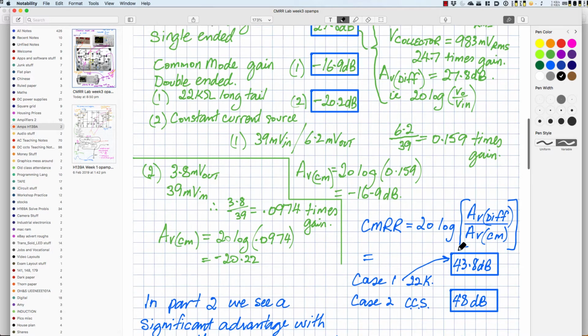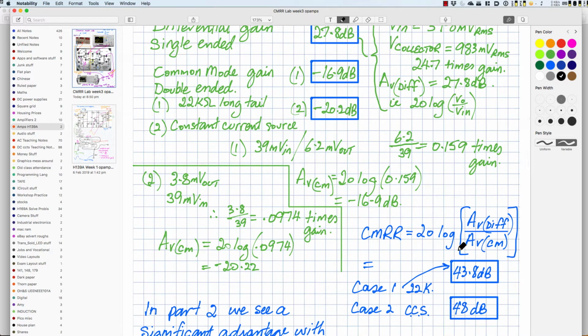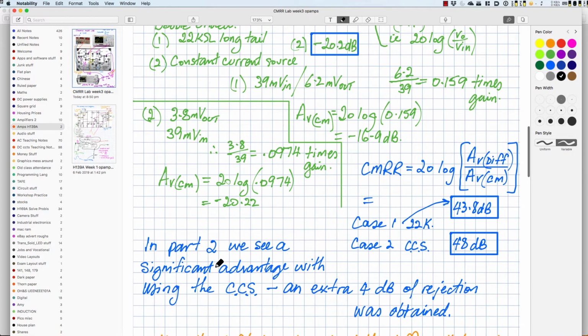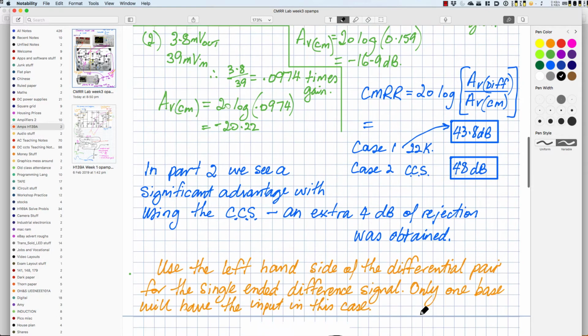So in case 1, we had 43.8 dB, that's with the 22K. Case 2, constant current source, 48 dB of common mode rejection ratio. So in part 2, we'd certainly see a significant advantage with using the constant current source. That's an extra 4 dB of rejection that was obtained.